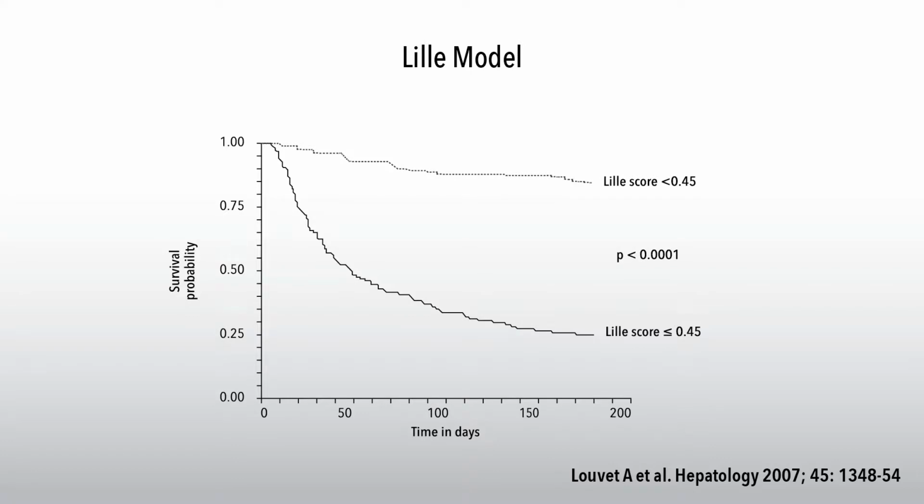So Lille is critical, as well as the baseline discriminant function score. If that Lille score is less than 0.45, look at the difference in survival probability compared to a Lille score greater than 0.45. This is an extremely useful test, knowing that steroids have a variety of complications, including infection.